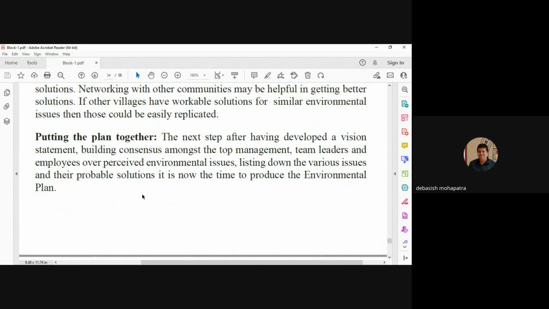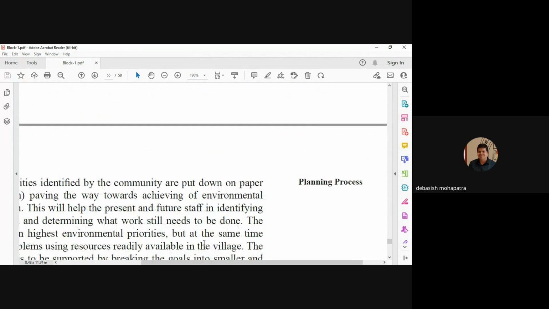Then putting the plan together. The next step, after having developed the vision statement and built consensus among the top management, team leaders and employees over the precise environment issues, listing down the various issues and their probable solutions, is to produce the environmental plan.